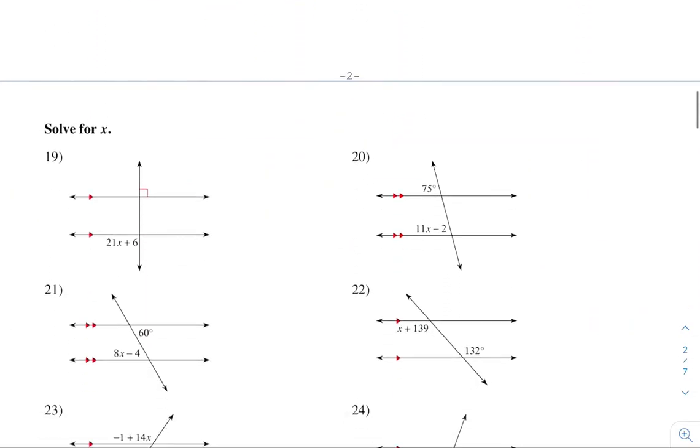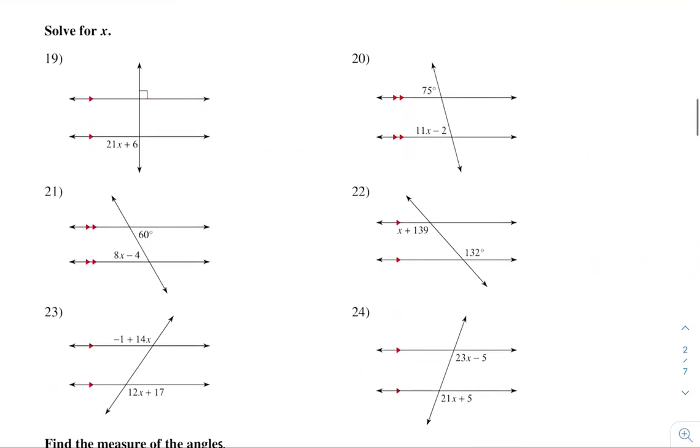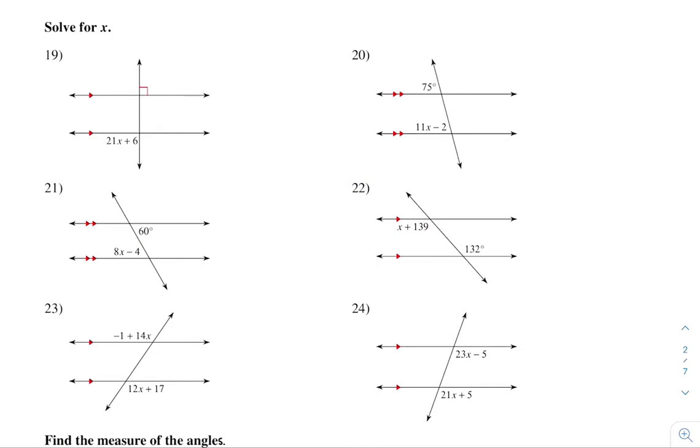Okay, now we get into the better stuff. Solving for x. Only x. The next part will be finding the angle measurements. So here we go. Interior is in between the parallel lines, and we have exterior angles. So we have two exterior angles. So since we're dealing with exterior, we have to decide between same side or alternate exterior angles.